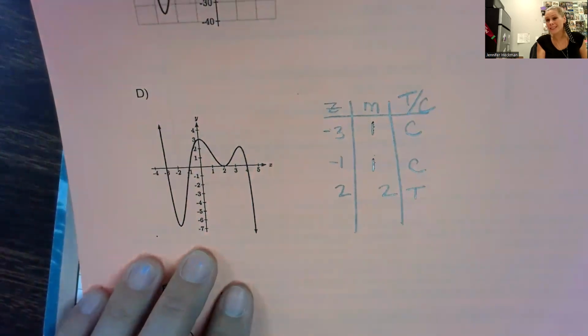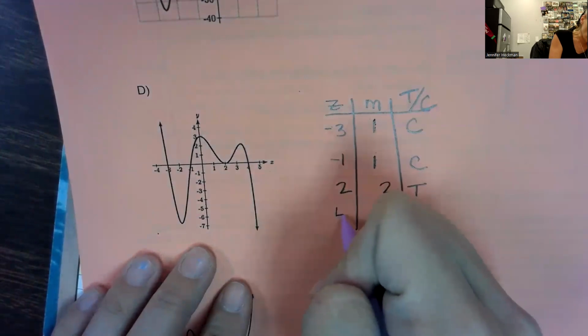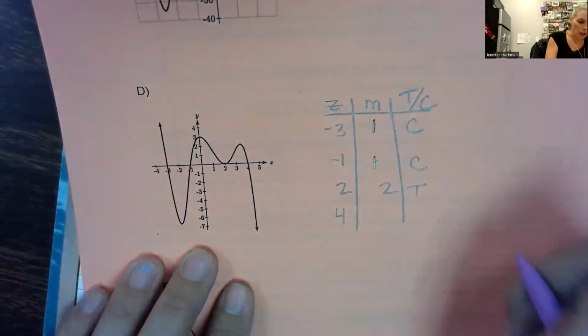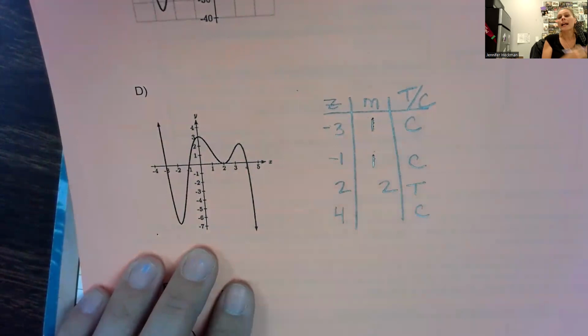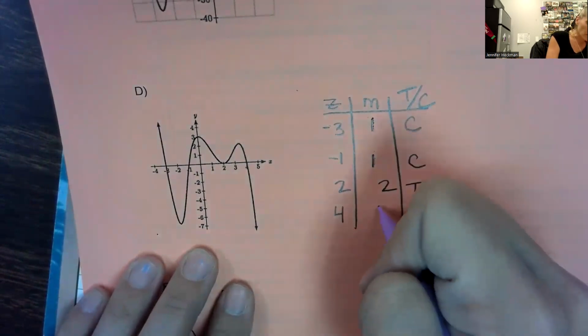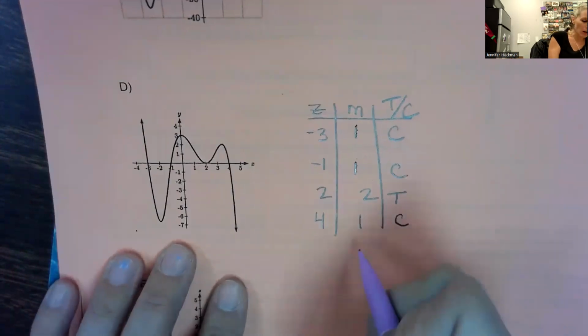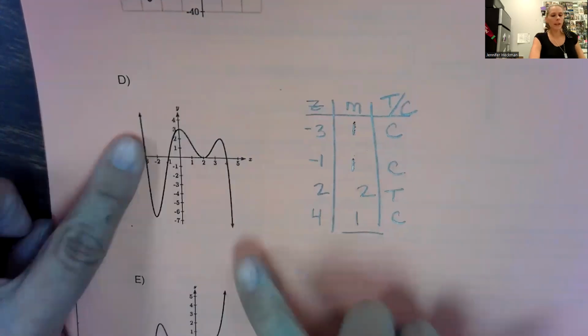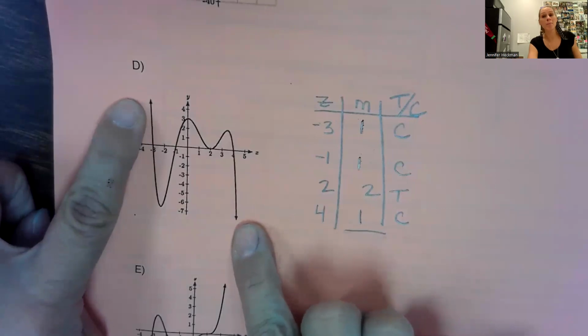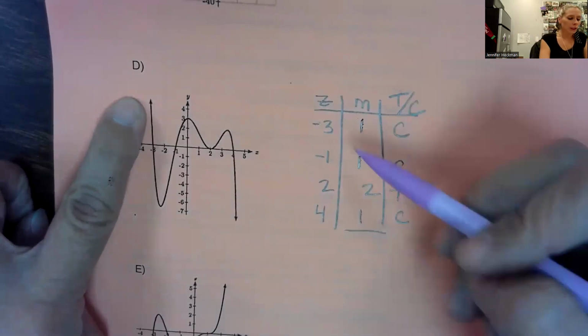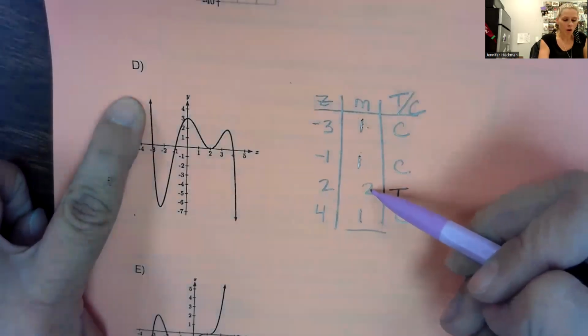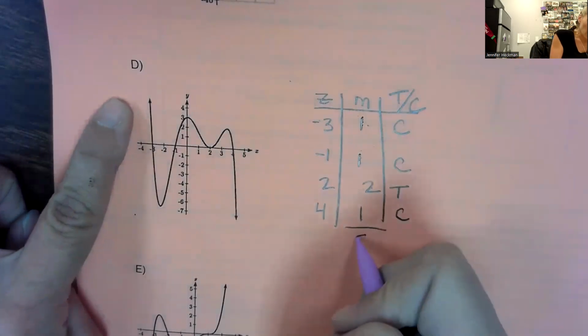And as you can see, I totally forgot my other zero there. I have a zero at 4, and that is also crossing at that linear, so that's going to be to the first also. Let's make sure our end behavior looks right. They're going in opposite directions, which means it must be an odd degree. So let's check: 1, 2, 3, 4, 5. Yep, 5 is odd degree.